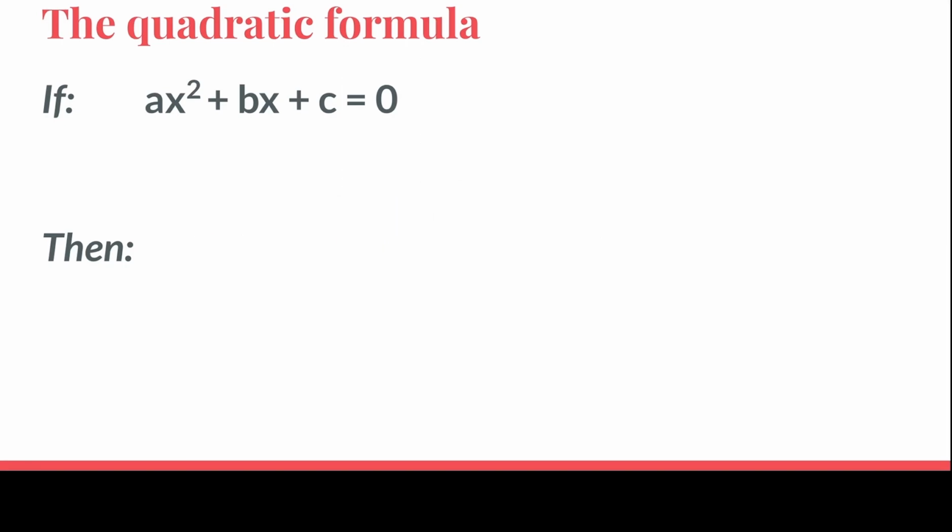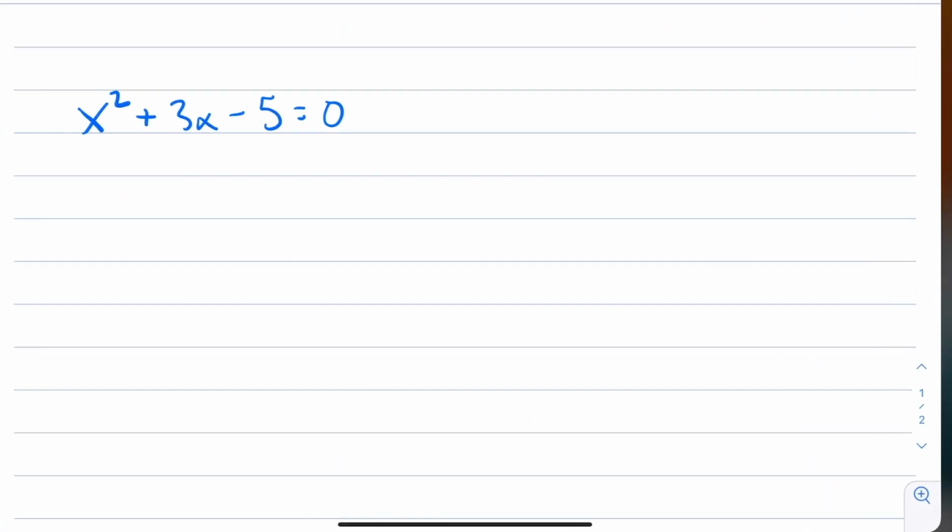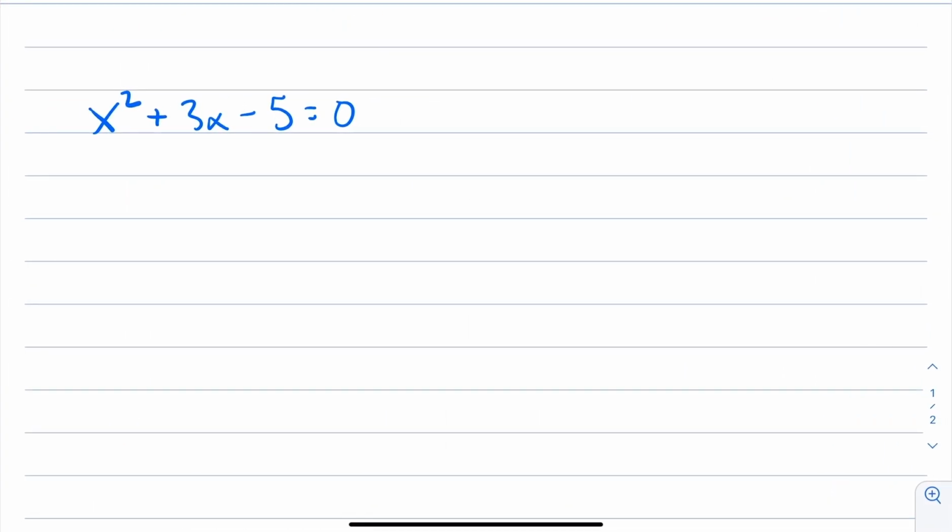Okay, so let's see now. The first smart thing to do when you have x squared plus 3x minus 5 equals 0 is to say what a, b, and c are. So I think that's a good place to start. The a is the value in front of x squared.